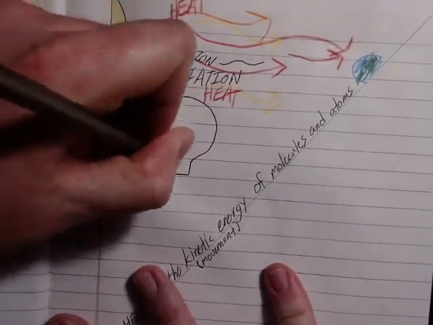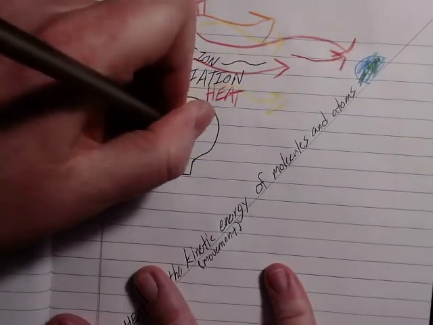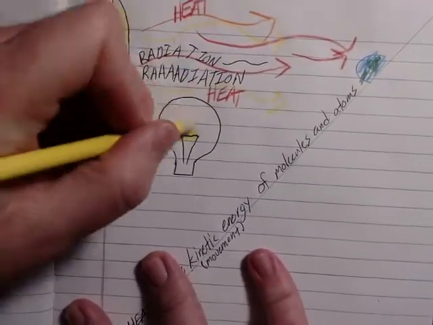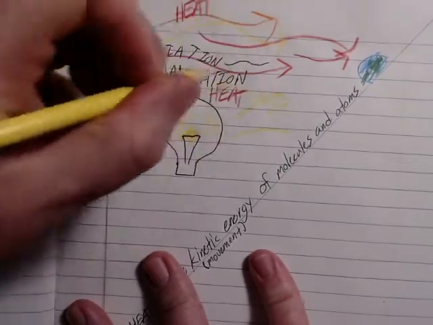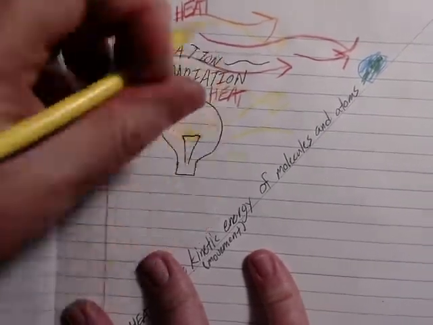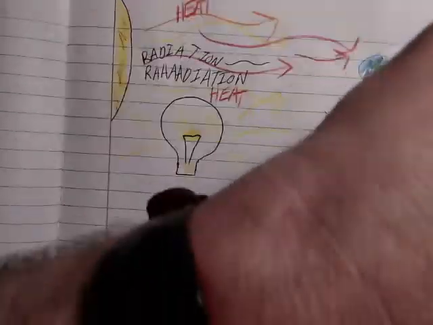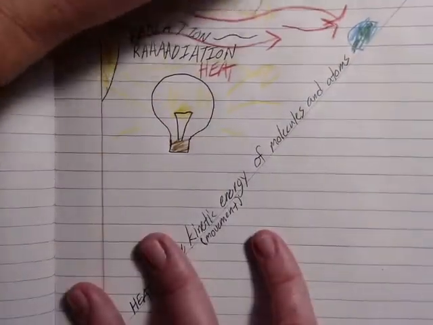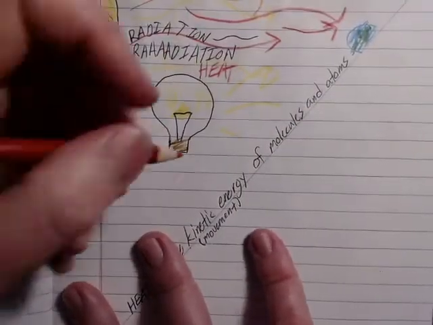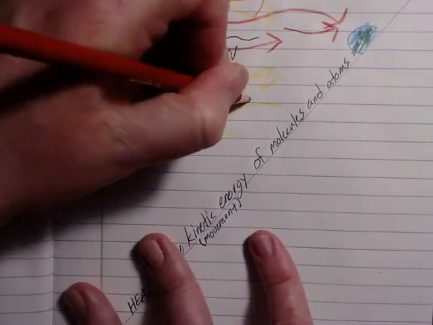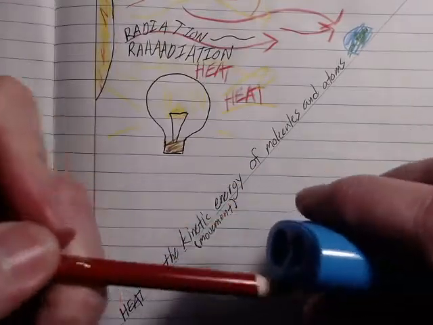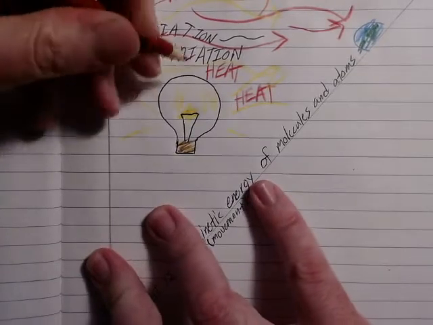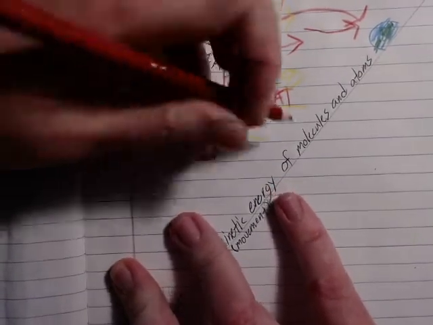In the olden days, these light bulbs would have this little filament inside, and this little filament would glow, and that would radiate heat all around the light bulb.